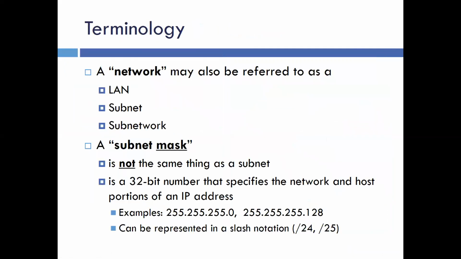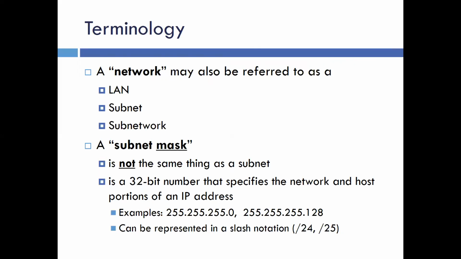Regarding some clarification on terminology that's used in the curriculum and in this video series, a network may also be referred to as a LAN, a subnet, or a subnetwork. A subnet mask is not the same thing as a subnet.